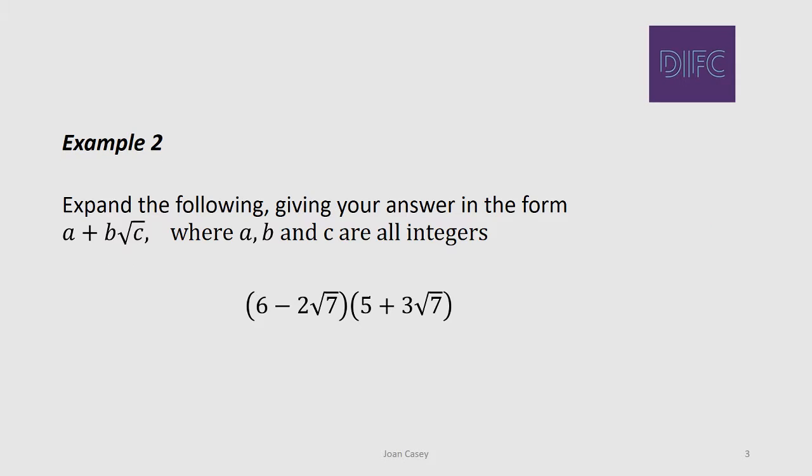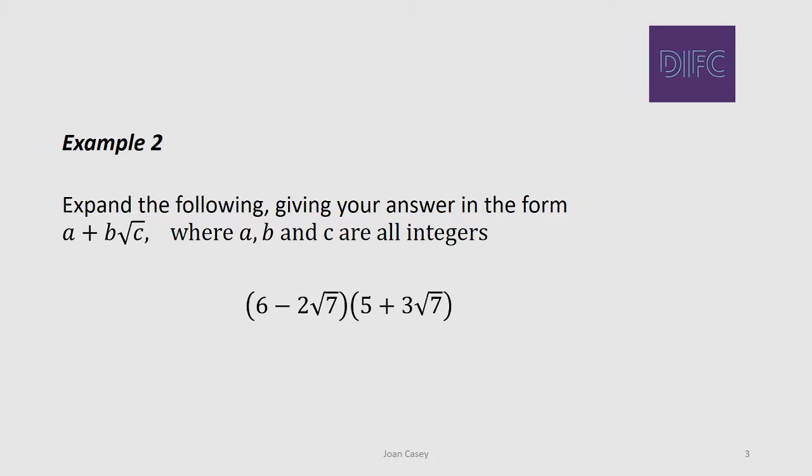The next example we come to will be example 2. Expand the following, giving your answer in the form a plus b root c, where a, b, and c are all integers.